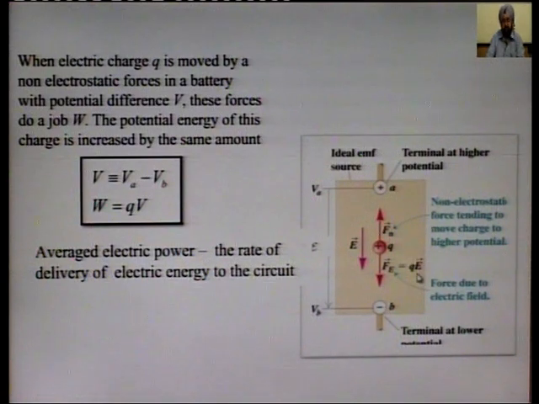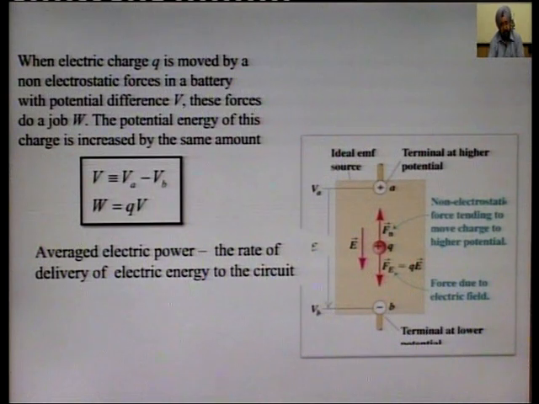So, force is charge into electric field. So, when electric charge Q is moved by non-electrostatic forces in a battery with the potential difference V, these forces do work. The potential energy of this charge is increased by the same amount. The work done gets converted into potential energy.